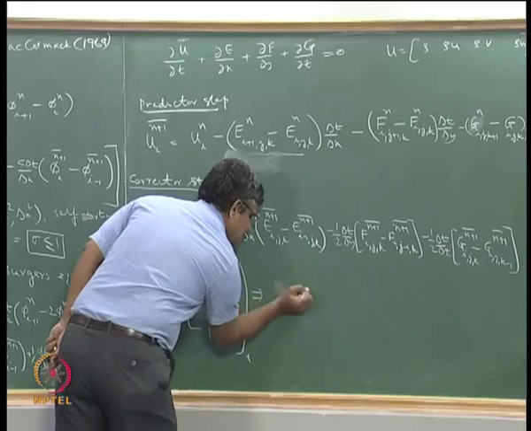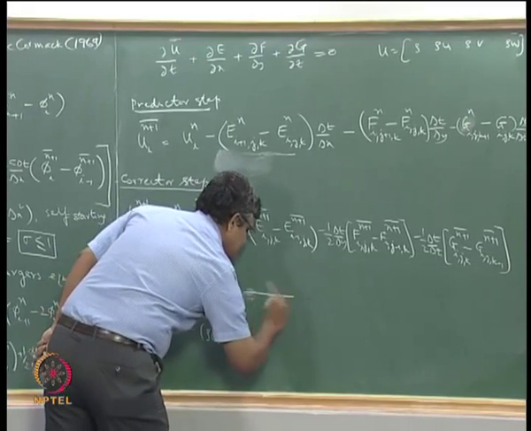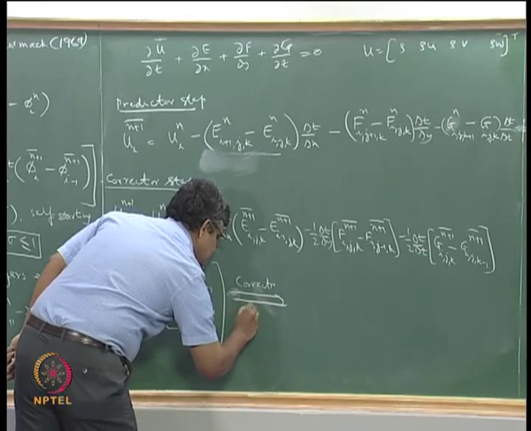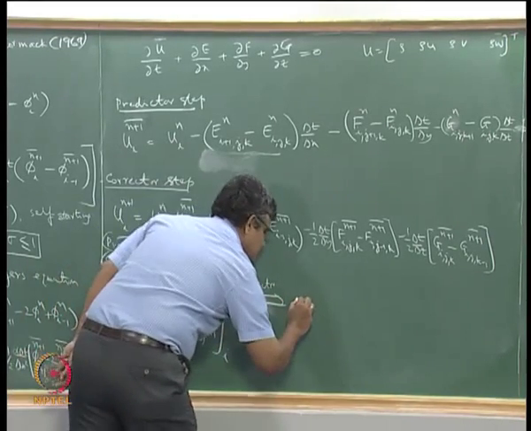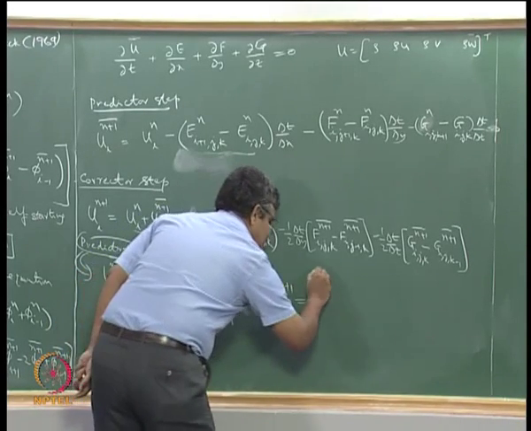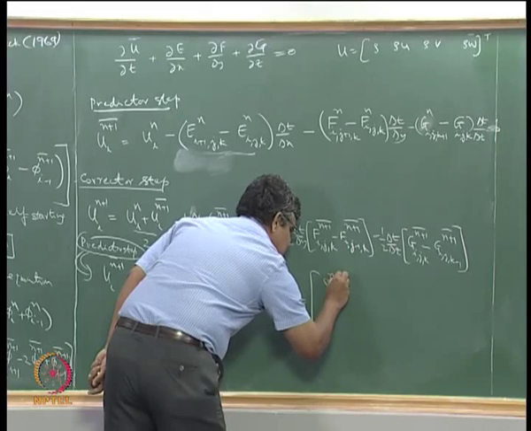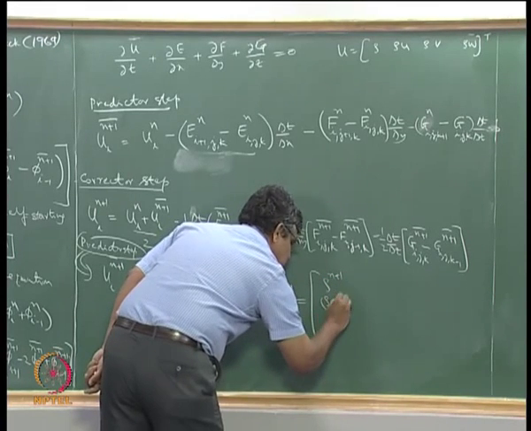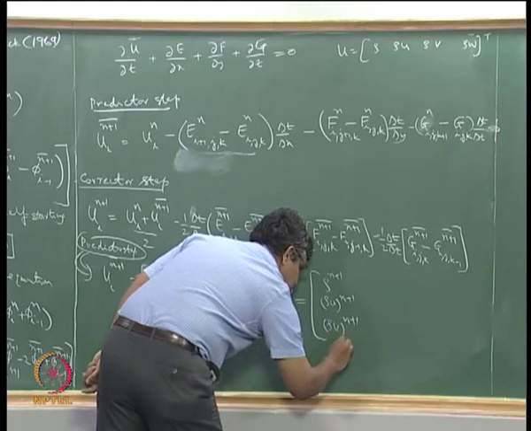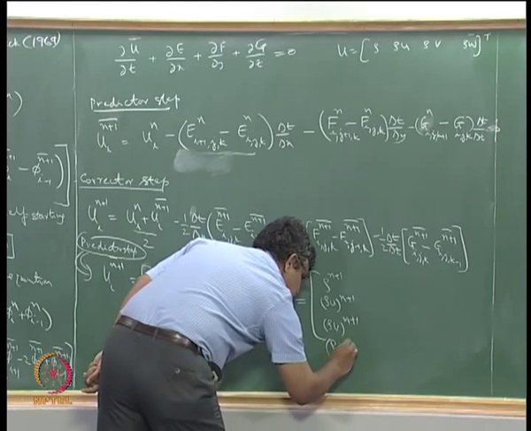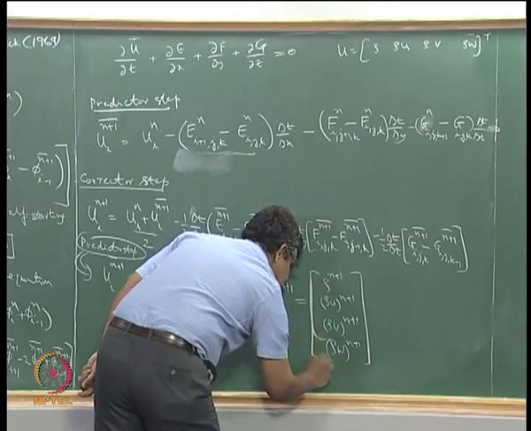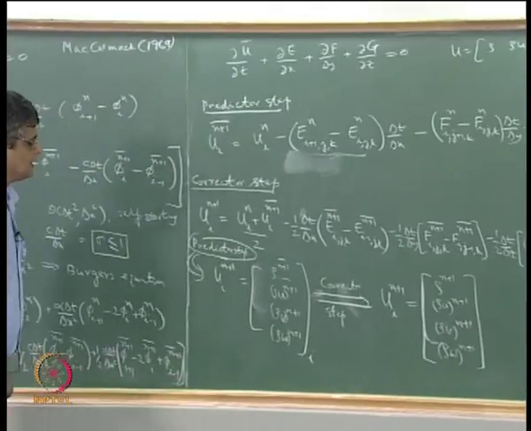into the corrector step. Okay, through the corrector step to get Ui n plus 1. That means we get rho n plus 1, rho u at n plus 1, rho v at n plus 1, okay.